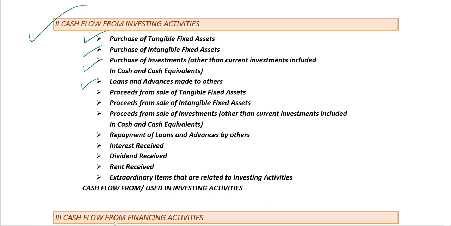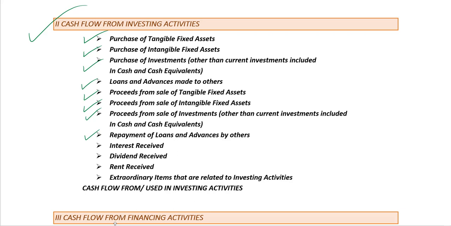If we make loans and advances to others, it's an outflow. And the opposite of all these 4 items is inflow. That is the proceeds from the sale of tangible fixed assets, proceeds from sale of intangible fixed assets, proceeds from the sale of investments, as well as proceeds realized due to repayment of loans and advances by others.